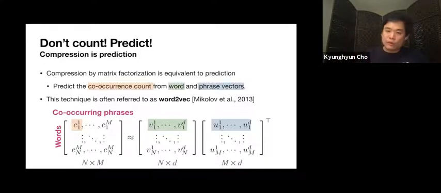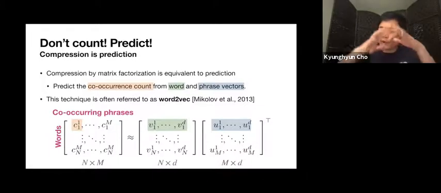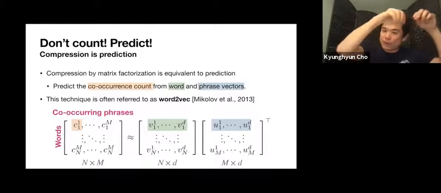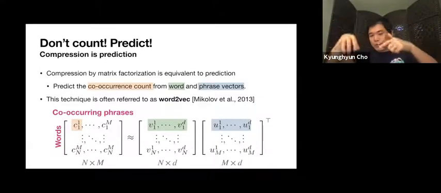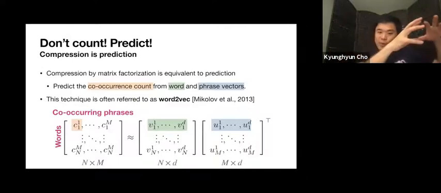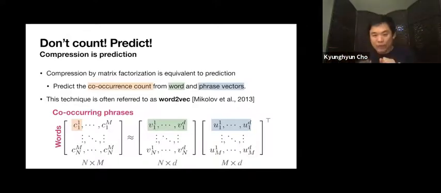In earlier lectures in this course, we have learned what it means to predict some kind of output or category given the input. We can use the very same idea to replace the compression of all these counts into vectors with predicting the counts given these vectors.